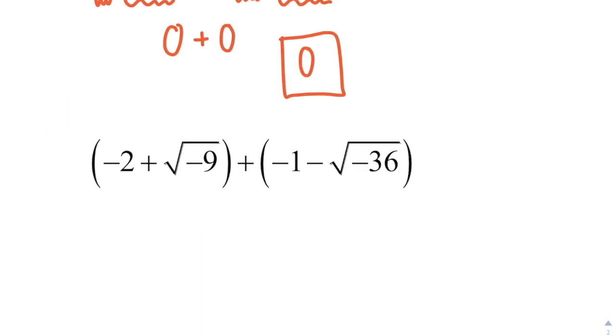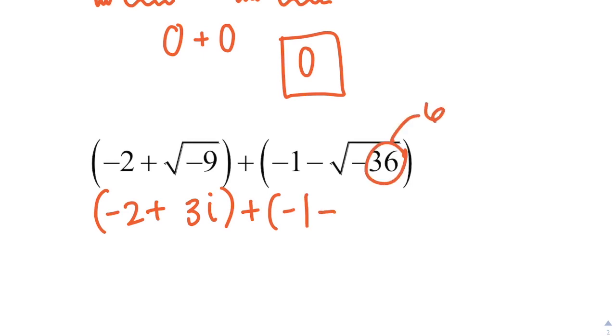So if you have -2 plus the square root of -9 plus -1 minus the square root of -36, well, the square root of positive 9 would be 3. So the square root of -9 would be 3i. So I'm going to rewrite that. Plus -1 minus, well, the square root of 36 is just 6, but it's -36, so I'm going to write that as 6i.